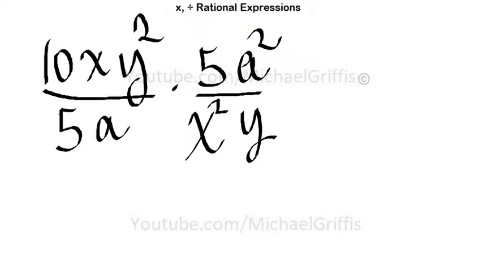Now, there are several ways of doing this, but let's work on it a little bit at a time. Let's look down here in the numerator. Actually, we're multiplying these together, so let's write this as one big fraction, and we'll write an equals sign right here.